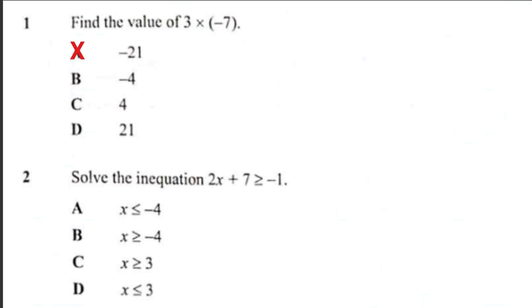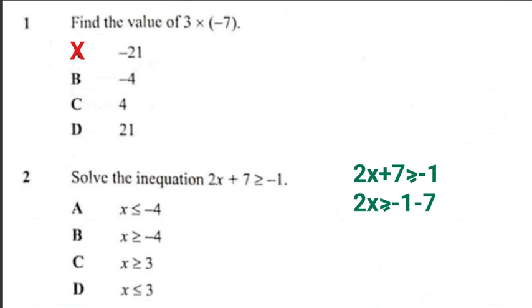Okay, we go to question number 2. Solve the inequation 2x plus 7 is greater than or equal to negative 1. First, we're going to put like terms together. So we have 2x is greater than or equal to negative 1, then 7 will cross the sign and become a negative: negative 1 minus 7.